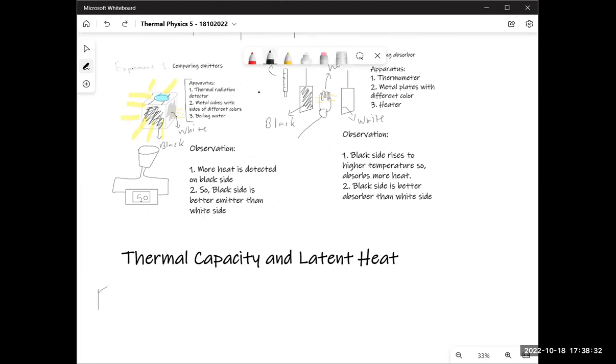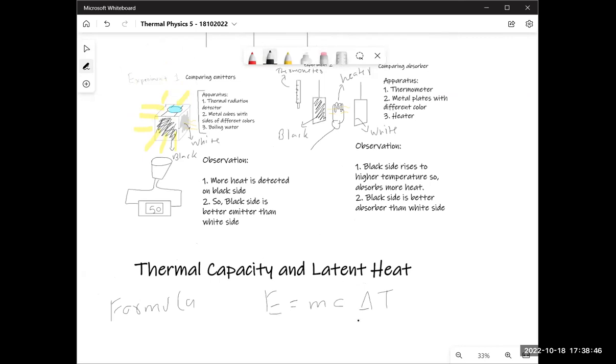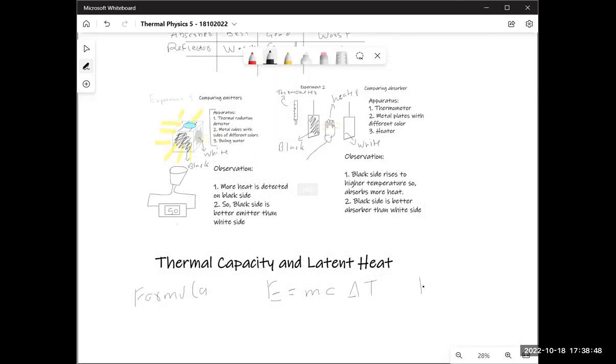Equations or formulas you need to memorize in this: it's going to be these two. The first one is E equals mc delta T. The second one is E equals mL.